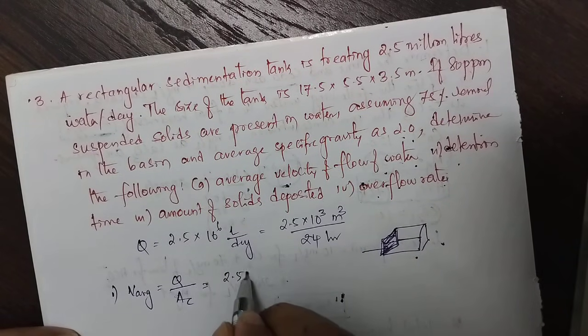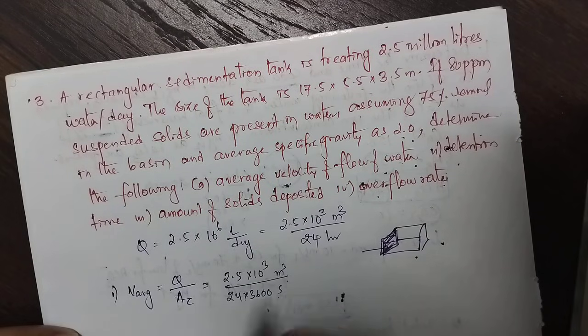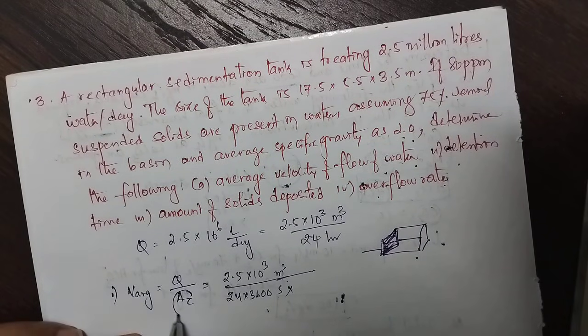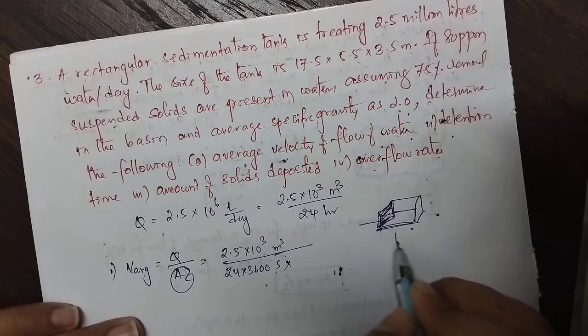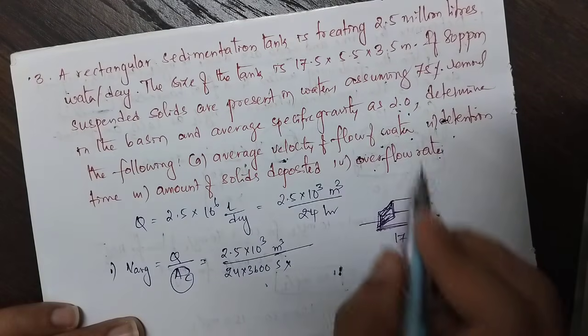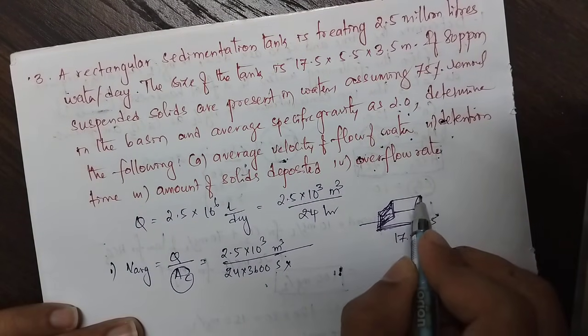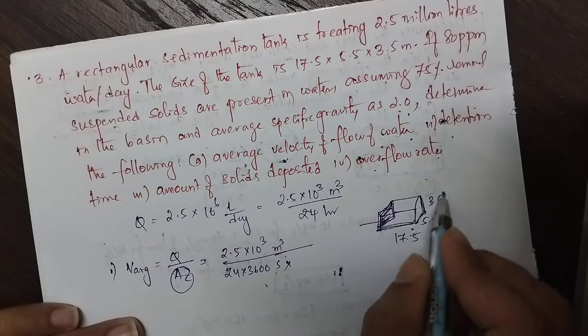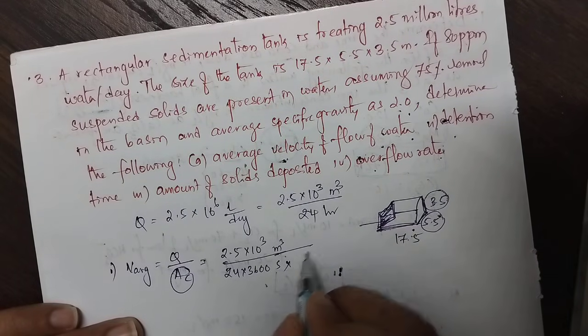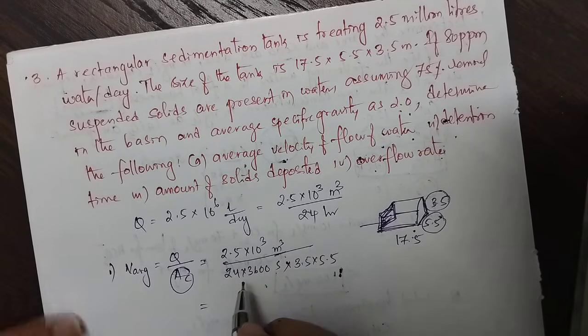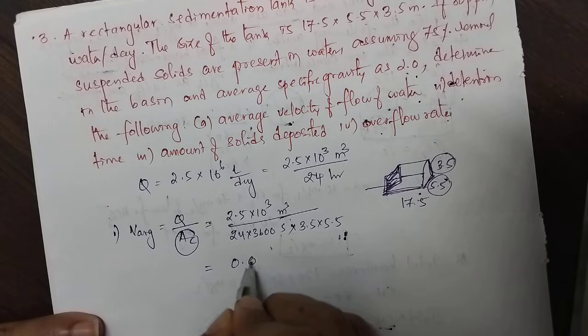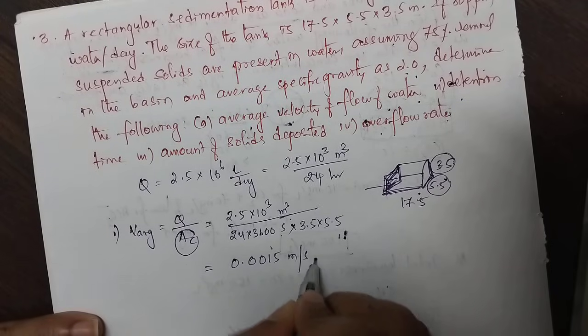That is 2.5 into 10 power 3 divided by 24 into 3600 meter cube per second. This we have to divide by cross sectional area. The dimensions are length 17.5, breadth 5.5, and height is 3.5. So 3.5 and 5.5 contribute to the cross sectional area. So 3.5 into 5.5. If you calculate this, you should get 0.0015 meters per second.